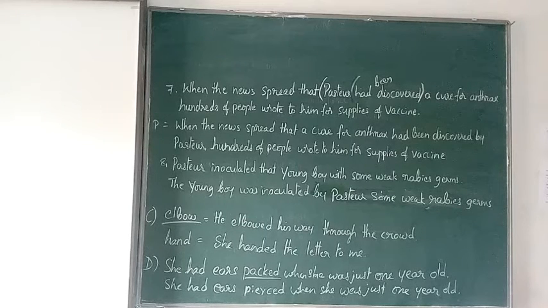Seventh one. Fish are reared on a commercial scale. The wrong word is reared. Your answer is, fish are bred on a commercial scale. Eighth one, he speaks chaste Kannada.